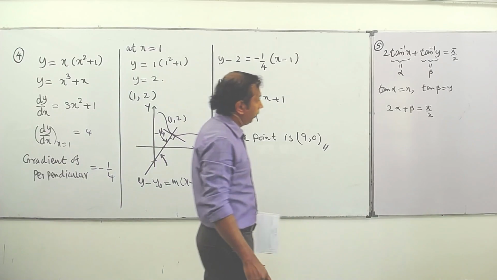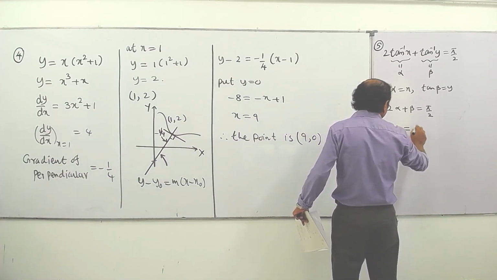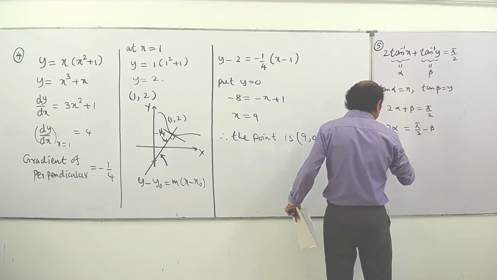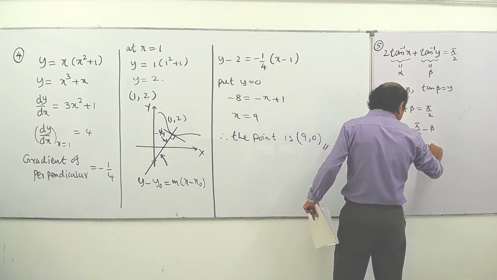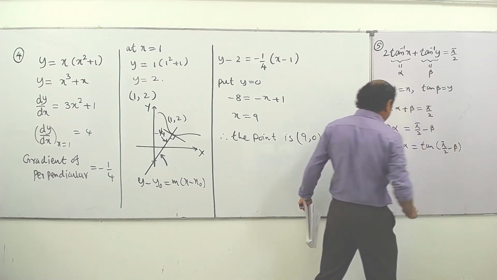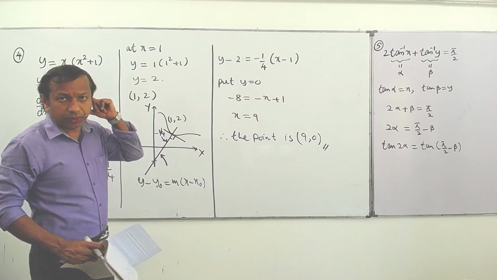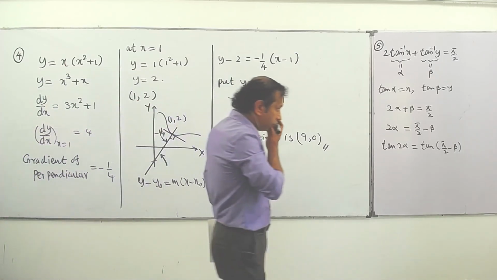Right. Now, we'll keep 2 alpha on the left hand side and take the right hand side as pi by 2 minus beta. Then you can take tan on both sides. Tan 2 alpha equals tan of (pi by 2 minus beta). Tan (90 minus beta) is equal to cot beta, no? This is cot beta.